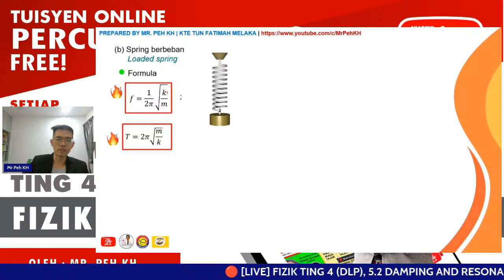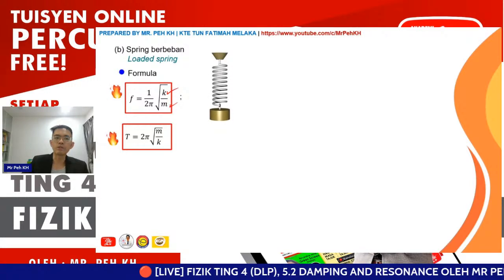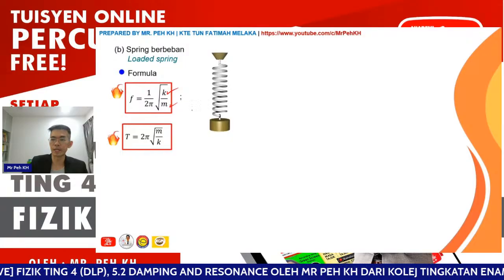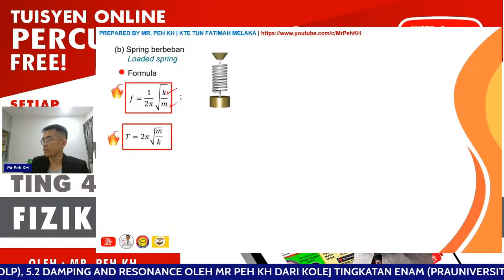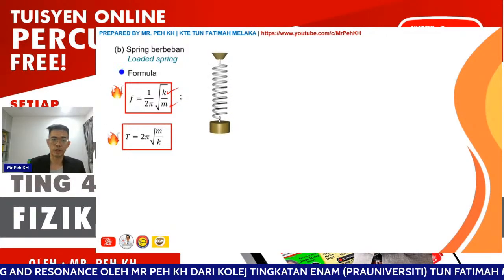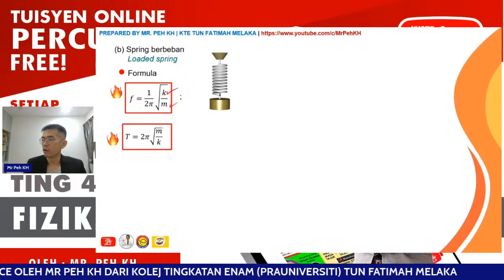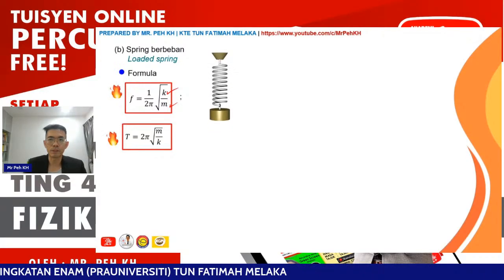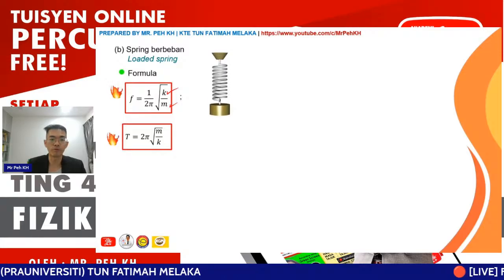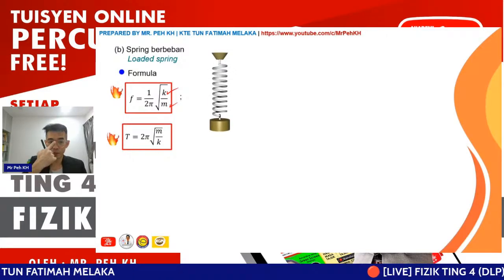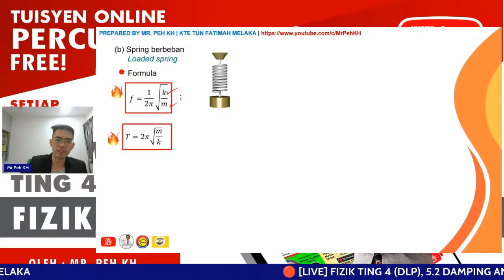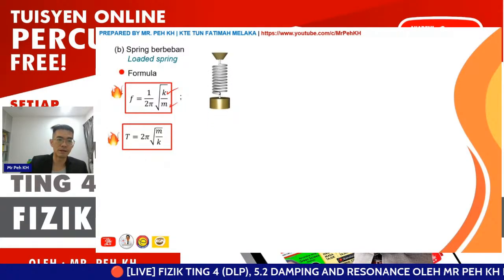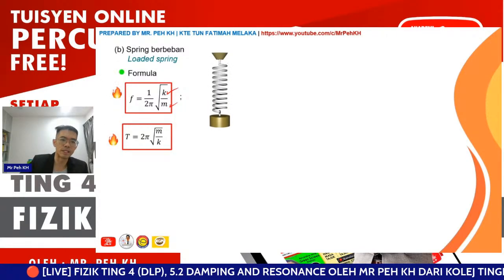So you may conclude that the natural frequency of the loaded spring depends on k, the spring constant, which you learn in chapter 1, section 1.4, form 5. Form 5 students have learned it already, but form 4 students haven't learned it yet.